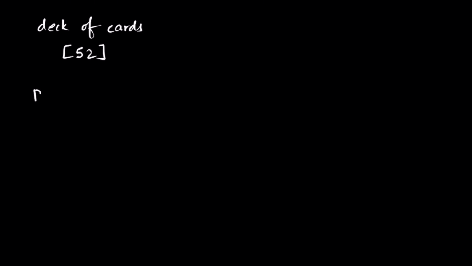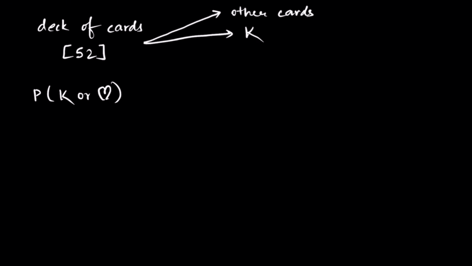Now the question is, what is the probability of getting a king or heart? So if I close my eyes and pick a card, there is a probability of getting other cards. There is a probability of getting king. There is a probability of getting heart. But then there is also a probability of getting king of heart. That means two events occurring together.